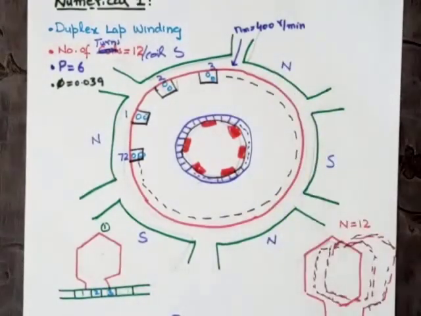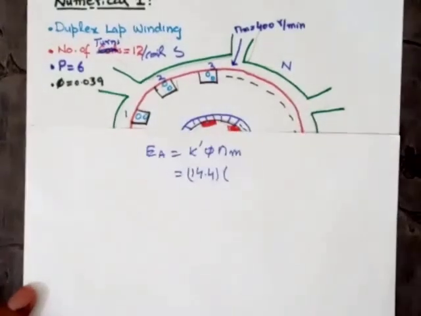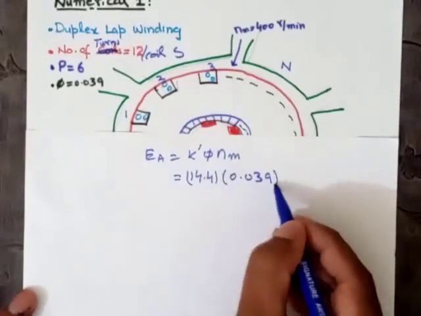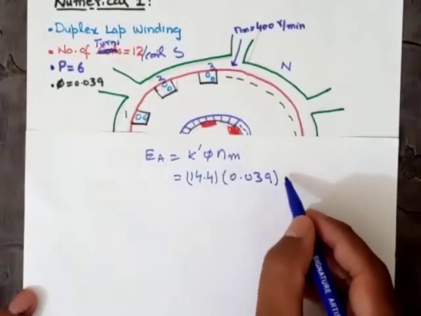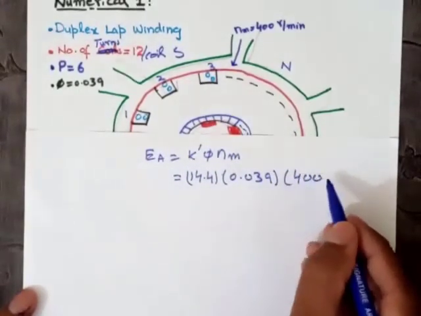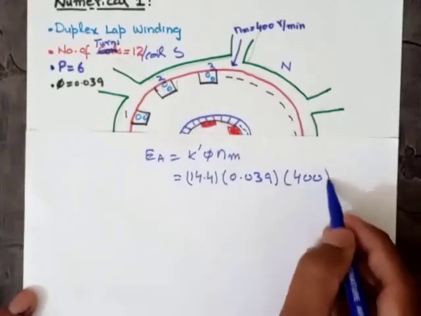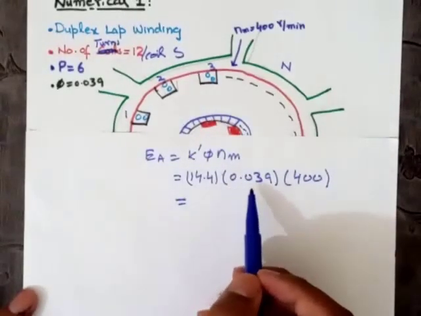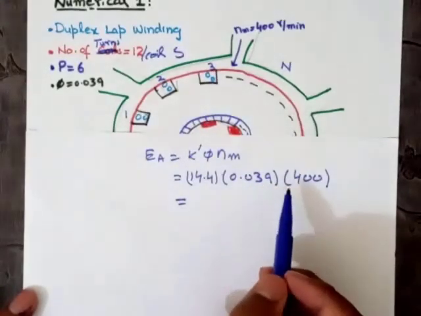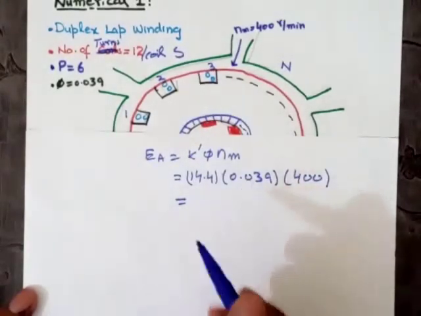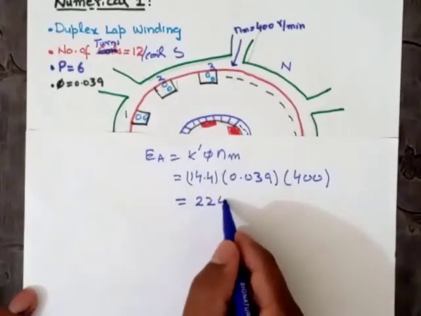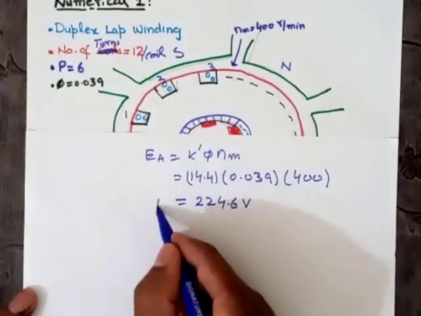Putting the value of phi and N in this equation, we get 14.4 multiplied by 0.039 and 400, and we get the induced voltage is equal to 224.6 volt.